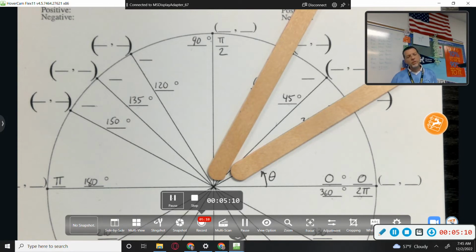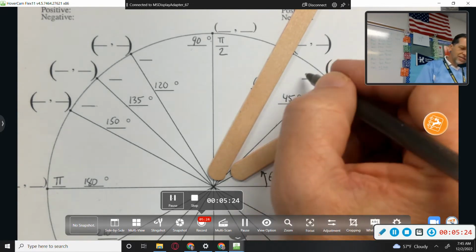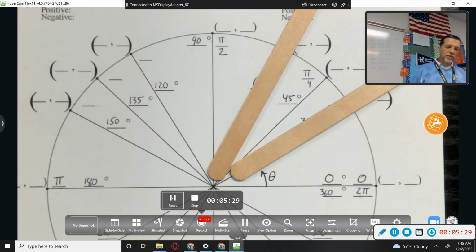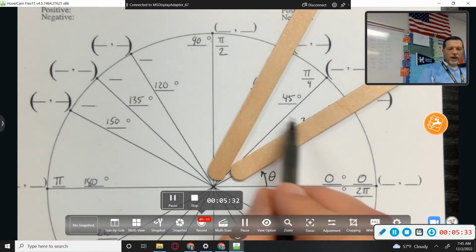Halfway between 0 and pi over 2 is pi over 4. We good with that? Half of a half? Halfway through the first half is the end of the first quarter, pi over 4. So that 45 degree opening is pi over 4.